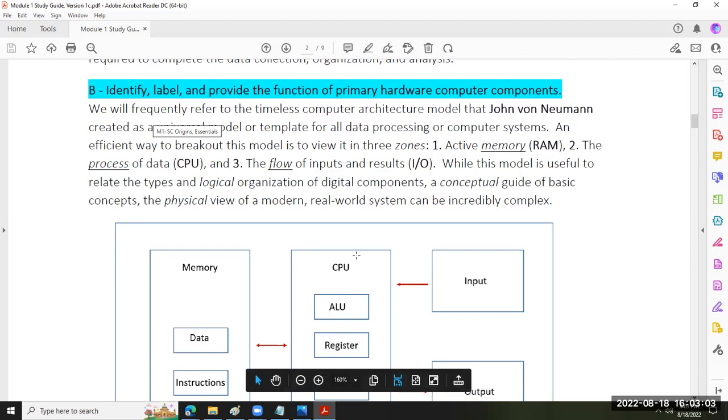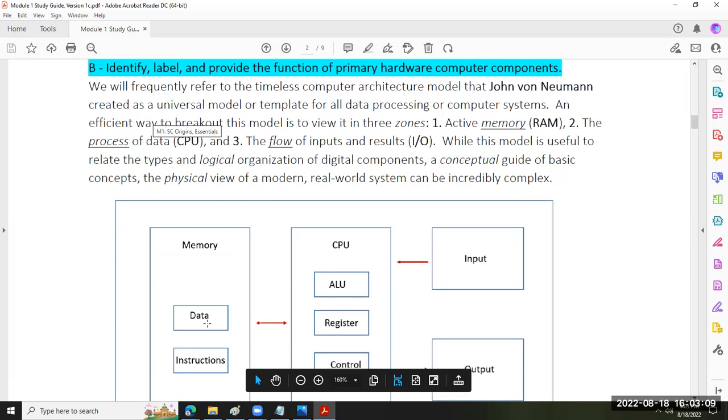You have to have some kind of processor to do computing. You have to have memory. What's important about the memory is to understand that random access memory, or RAM, does not retain the data or the instructions when the power goes off.